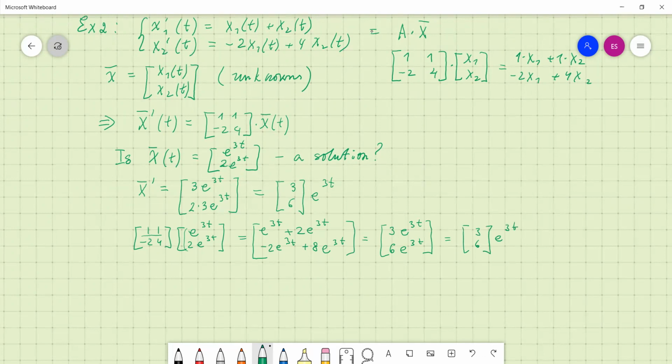You see that my left side and my right side are the same, right? Because we have the same expression. You can compare this expression, or you can compare this simplified form. So it is a solution because our equation becomes a true statement. Conclusion: it is a solution.